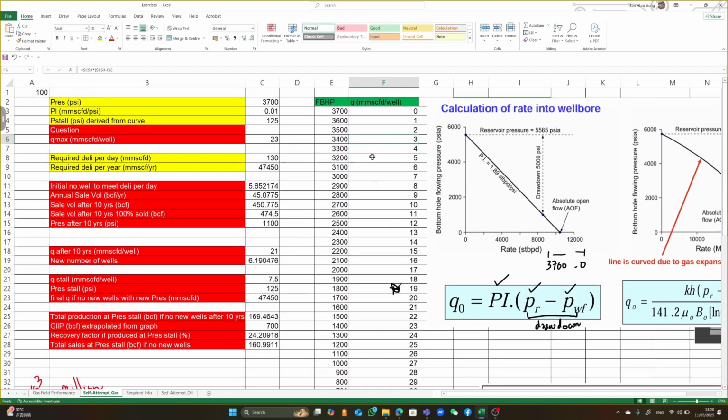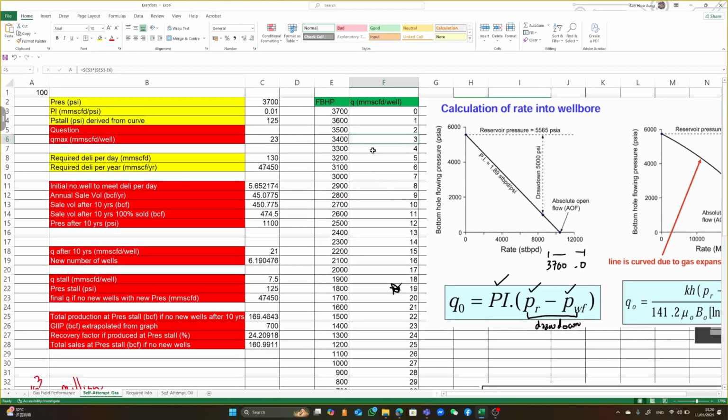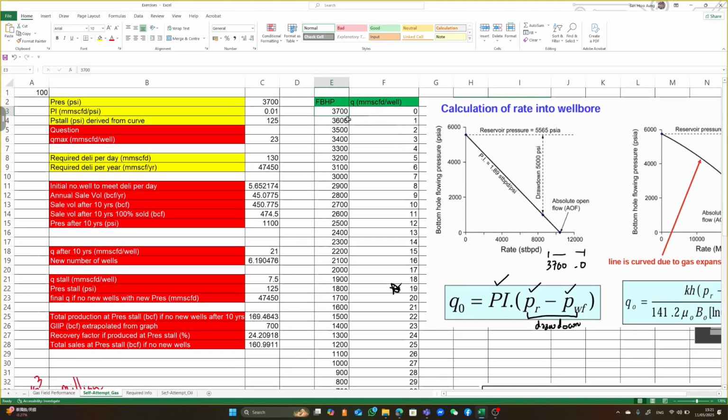In this example, I wanted to show you a very simple calculation, so we just use very easy numbers. So a 100 psi interval is good enough. I created this flowing bottom hole pressure profile, from 3,700 to 0, and then we got the flow rate of the well, depending on the drawdown.